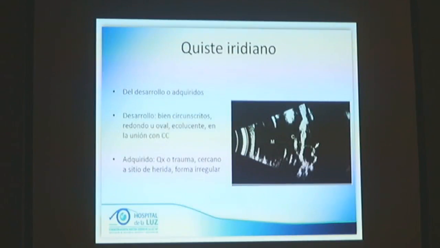Las tumoraciones del segmento anterior las podemos hacer igual por medio B estandarizado, por inmersión o por medio de ultrabiomicroscopía ultrasónica. El día de mañana tenemos una práctica de UBM donde vamos a ver imágenes específicas de ese tipo de lesiones.